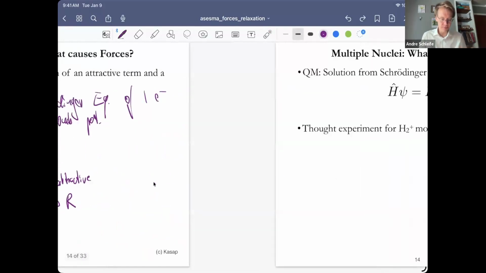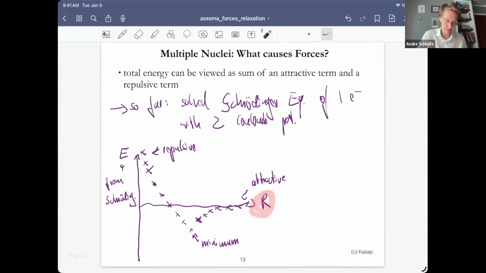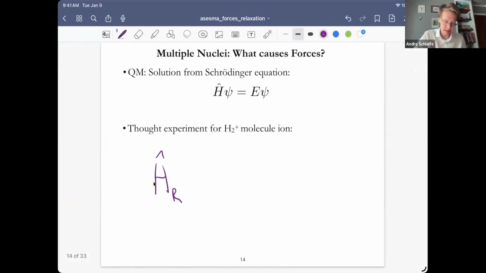Okay, then let's look at what we now have. We have one single Schrödinger equation, and for our H2 plus molecule ion, we write this equation a little bit more complicated: H with a parameter capital R, and it depends on the electron coordinate. That's the Schrödinger equation that you solve.